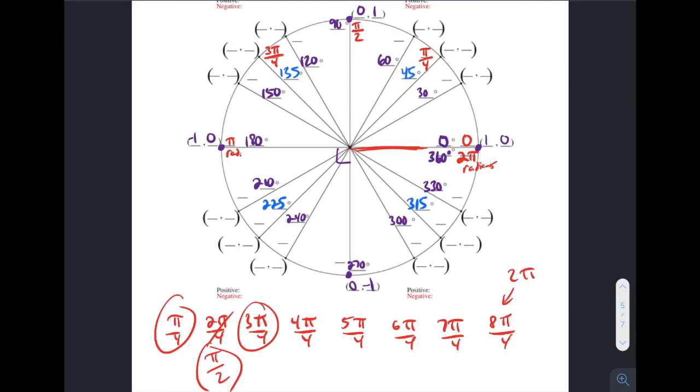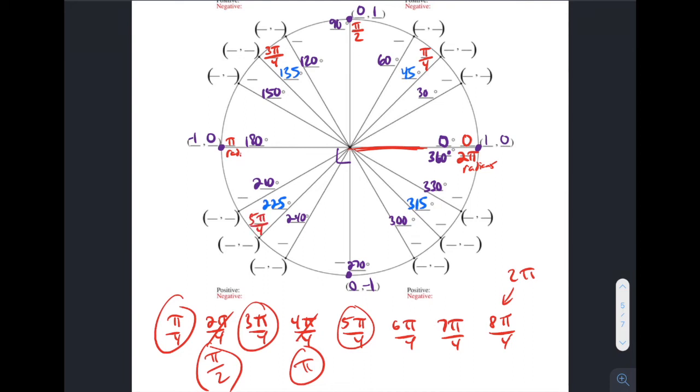If we go another 45 degrees or pi over 4 radians, we end up at 4 pi over 4, which simplifies to become pi. And we've got that on our unit circle, which is great. If we go another 45 degrees or pi over 4 radians, we're going to end up at 5 pi over 4.